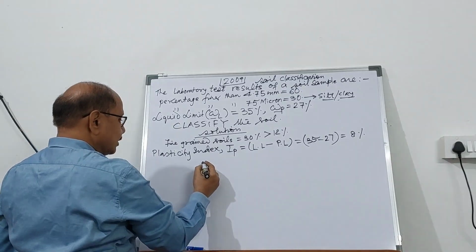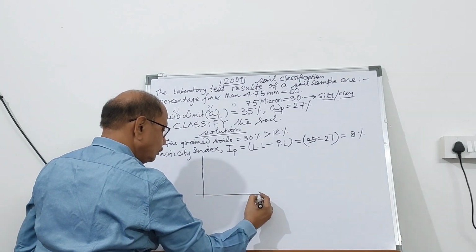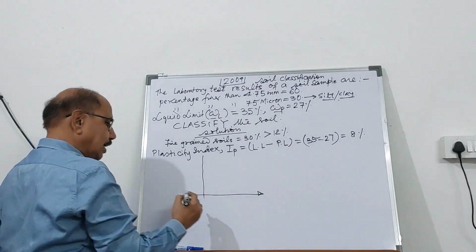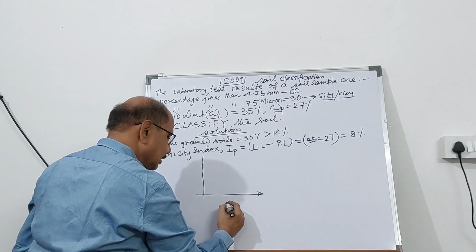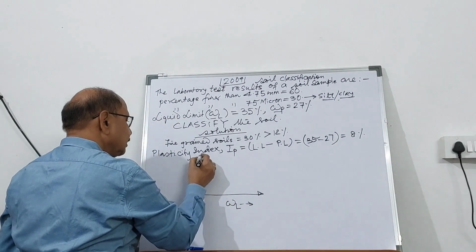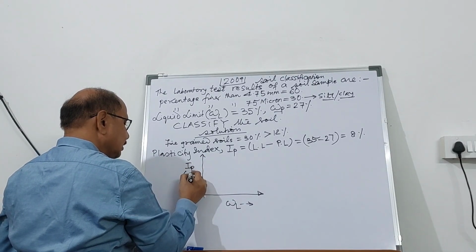So in the Indian Standard Soil Classification System, you have the plasticity chart. In the plasticity chart, you know that the liquid limit is on the x-axis, and on the y-axis it is plasticity index in percent.